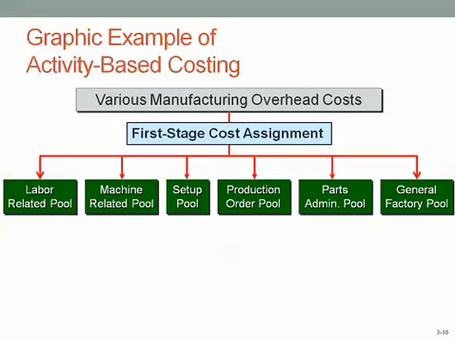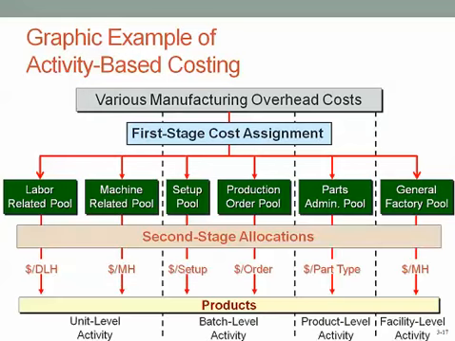So using activity-based costing, our manufacturing overhead costs are going to be allocated to products using a two-step process. In the first stage, overhead costs are assigned to cost pools. Here we've got six different types of cost pools, for example: labor-related, machine-related, setup-related, production order-related, parts-related, and the general factory, which is our overall catch-all. The second stage is simply calculating a predetermined overhead rate for each one of these cost pools.